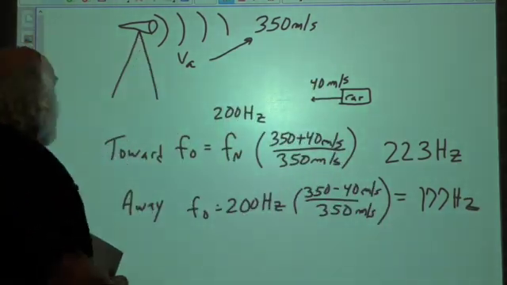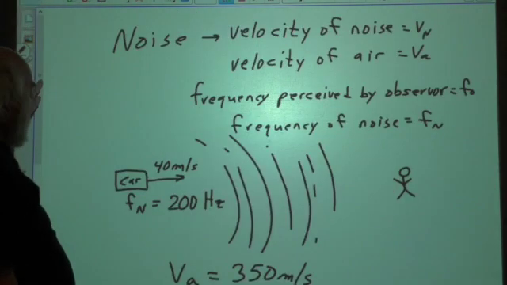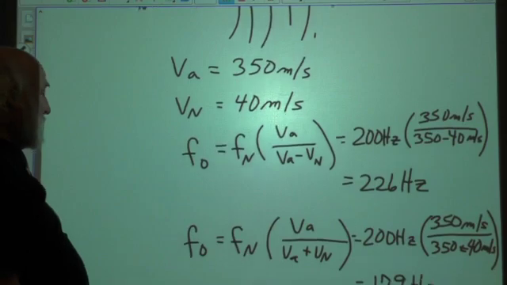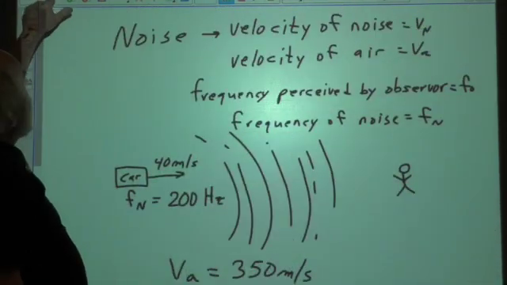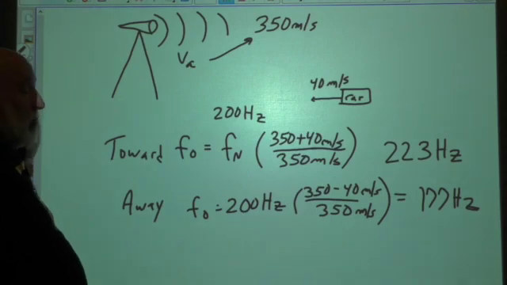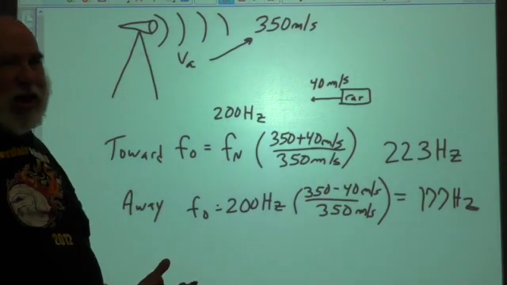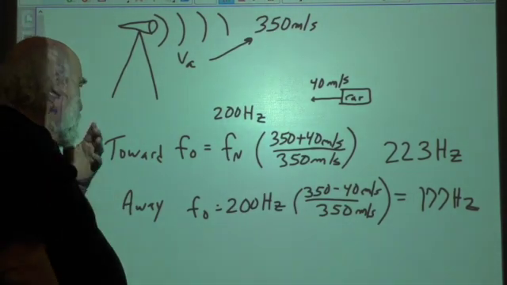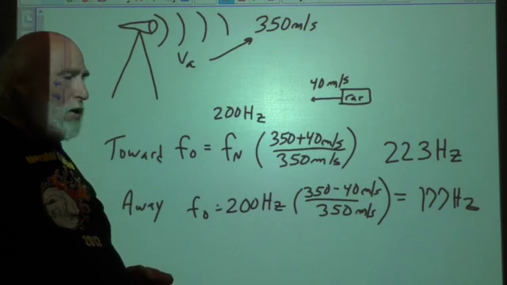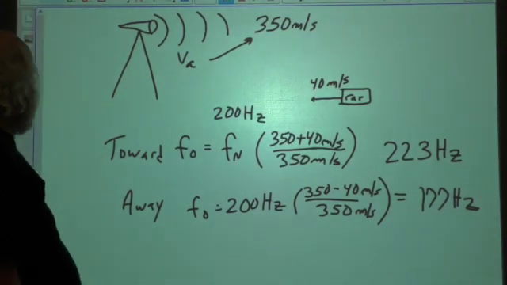So now if we take a look at the pairs of values that we got here, we had 226 and 179, and over here, 223 and 177. There is a slight difference. Will you notice it? Probably not, because 3 hertz is not really much of a change, unless you have a really good ear, which I may have had one time, but I don't right now.